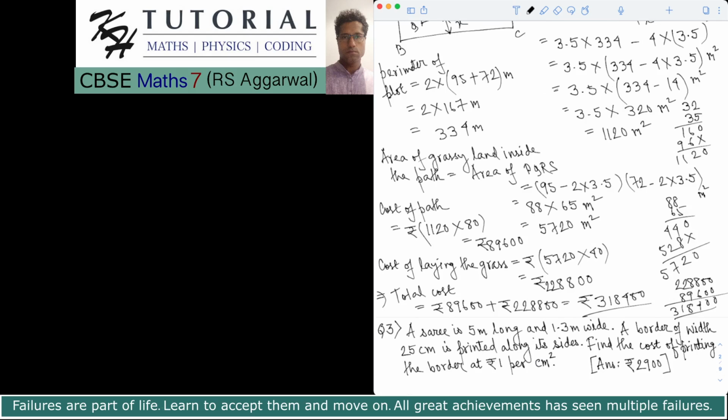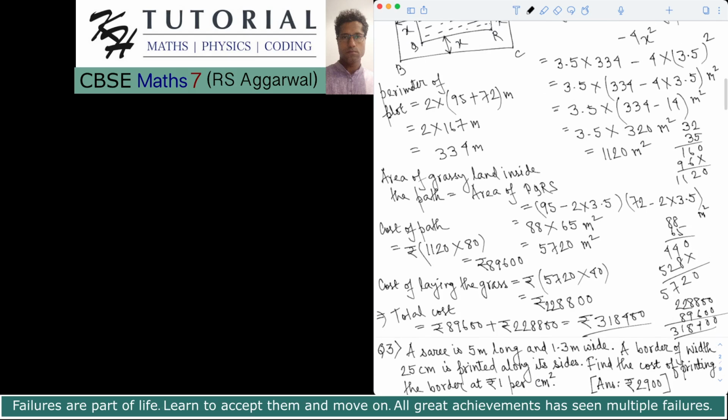So this is the total expense: the cost of making the path and the cost of laying the grass.